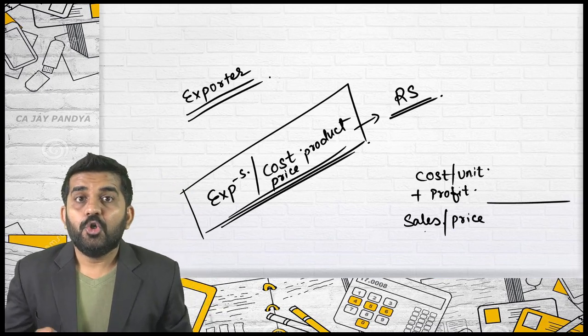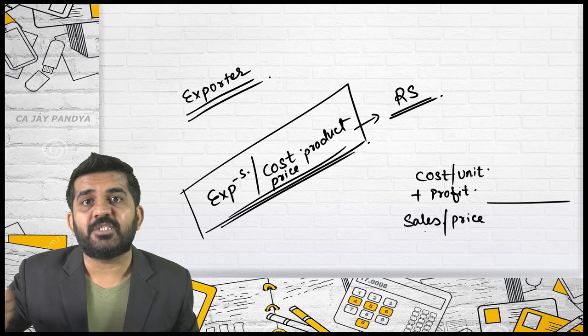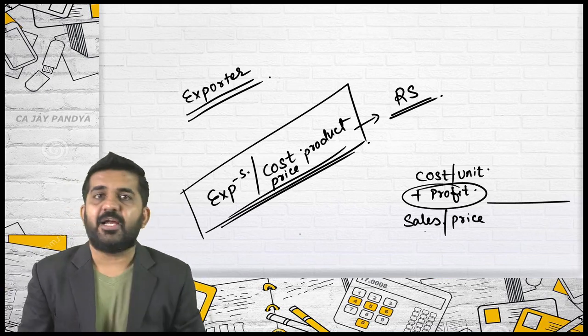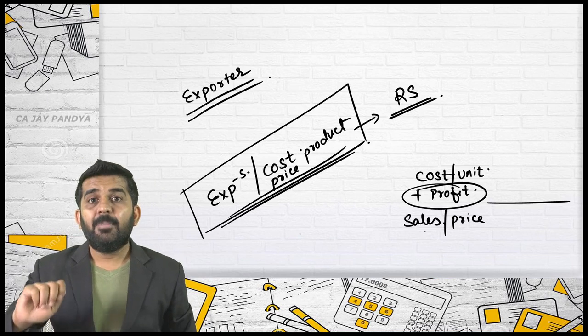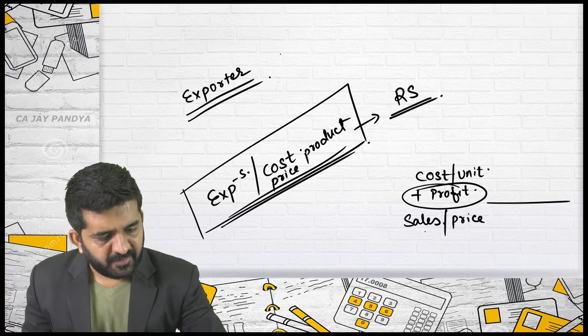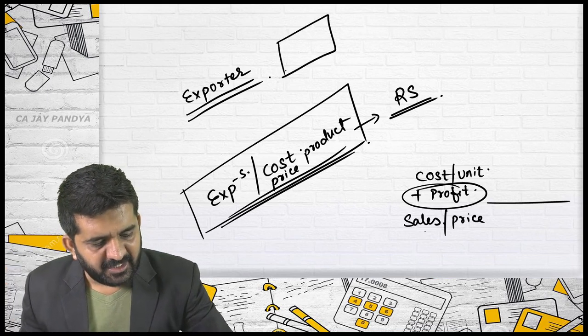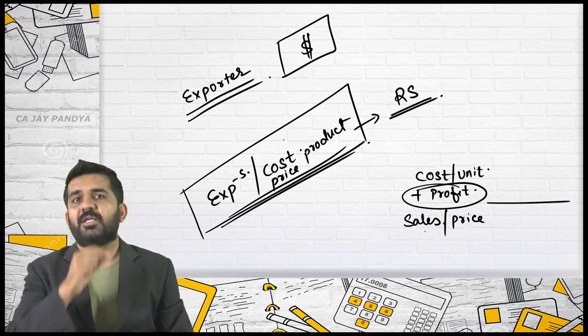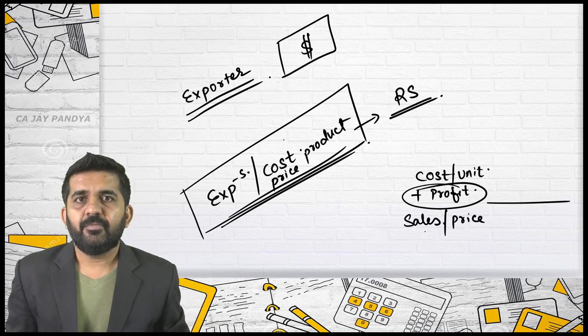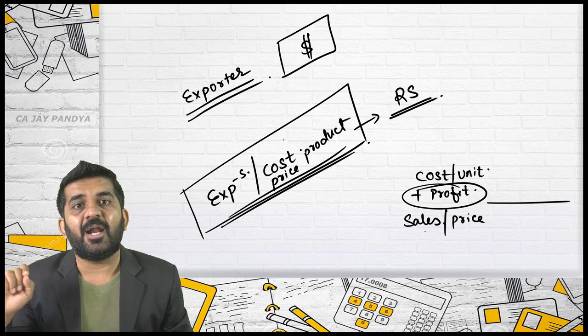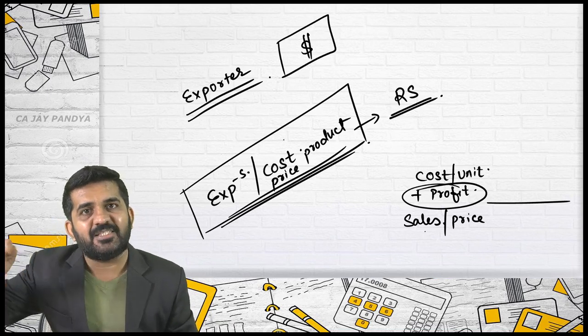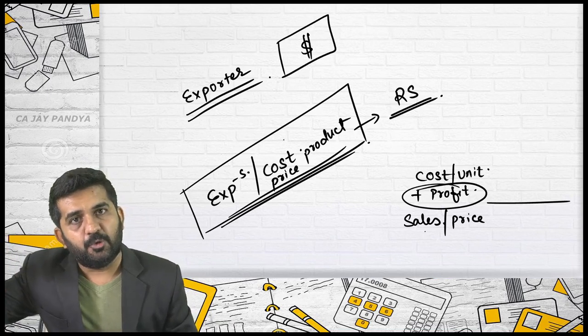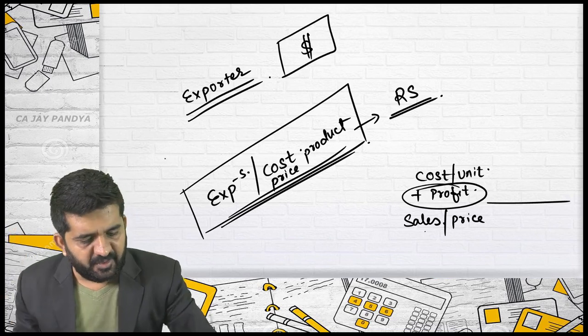So you will have to expect your selling price per unit if you want a desired profit. But the exporter will be receiving money in dollars, not in rupees. Whenever they price this product, see what price they might have given to the person who is importing in USA. They might have given $1 lakh.